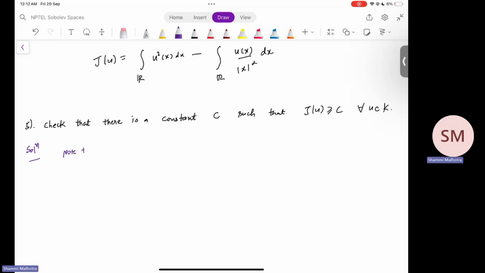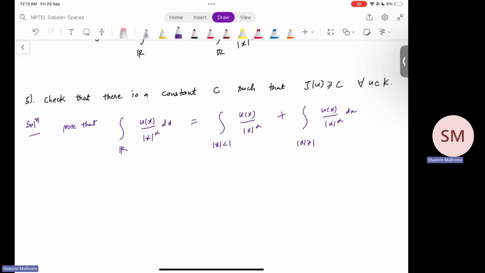So note that the integration over R of u(x) over |x|^α dx again can be broken down as the integral over |x| less than 1 of u(x) over |x|^α, plus the integral over |x| greater than or equal to 1 of u(x) divided by |x|^α dx.